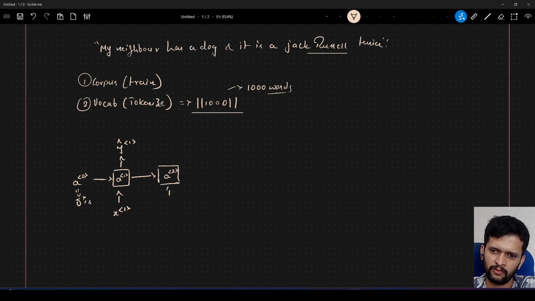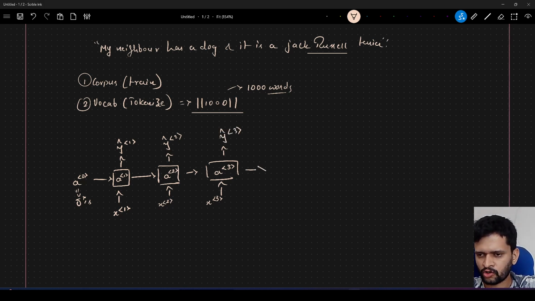I'll have A2, I'll have X2, and I'll get my predicted y hat 2, right? Then I'll have this as input to get my A3. It will be X3, and the output will be y hat 3.